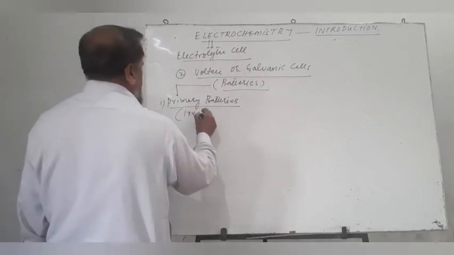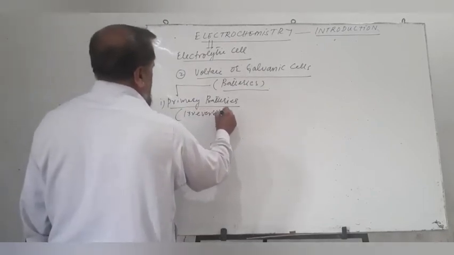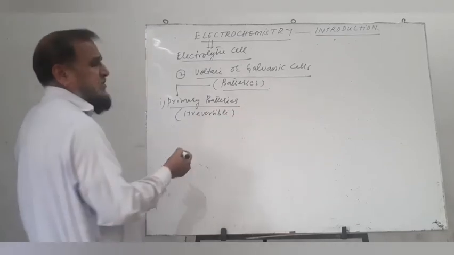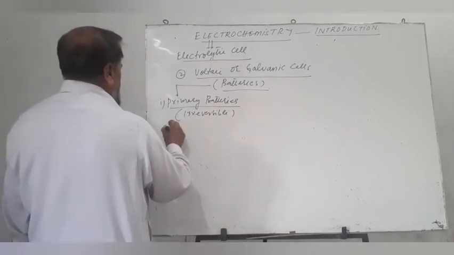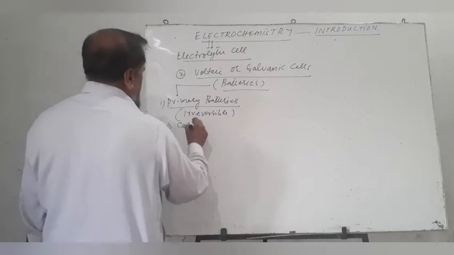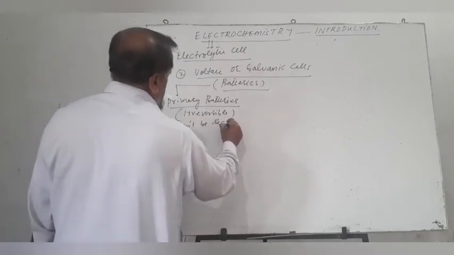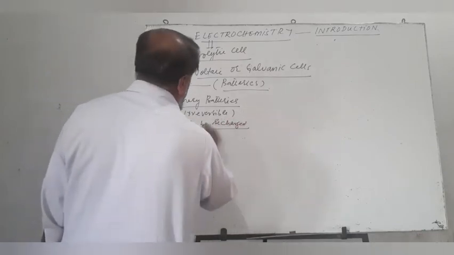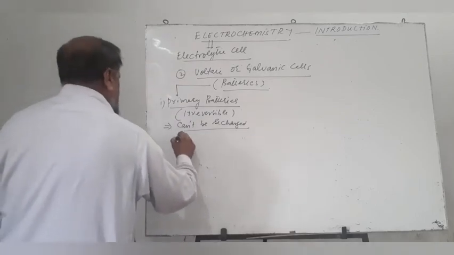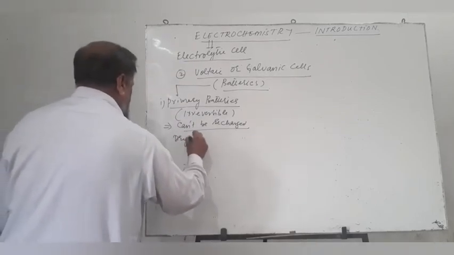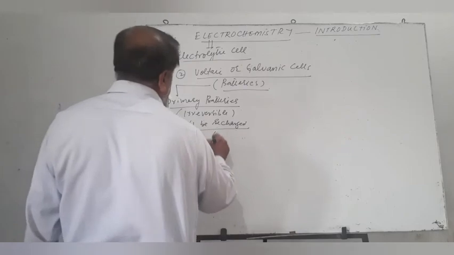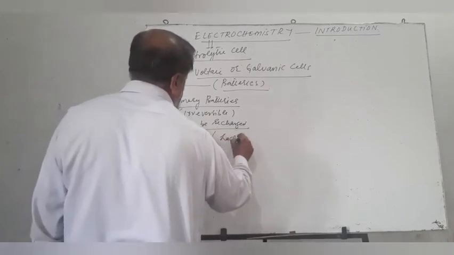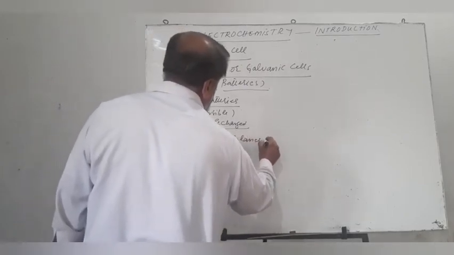When the chemicals in these batteries are consumed, they cannot be reversed again, or we can say that once they are discharged, they can't be recharged again. An example is the dry cell or Leclanche cell, which is commonly used in batteries in homes.